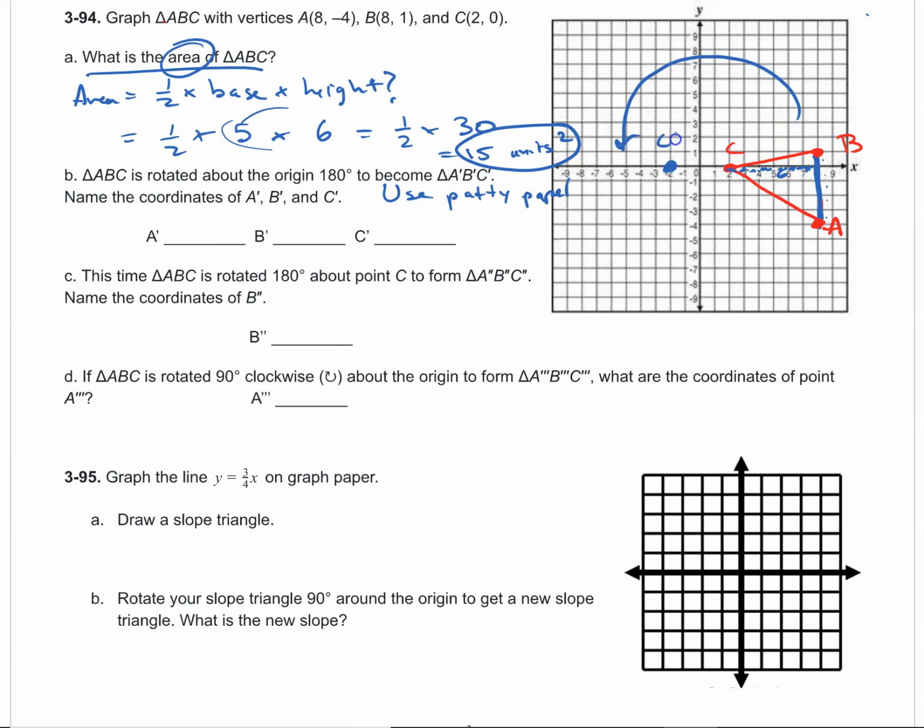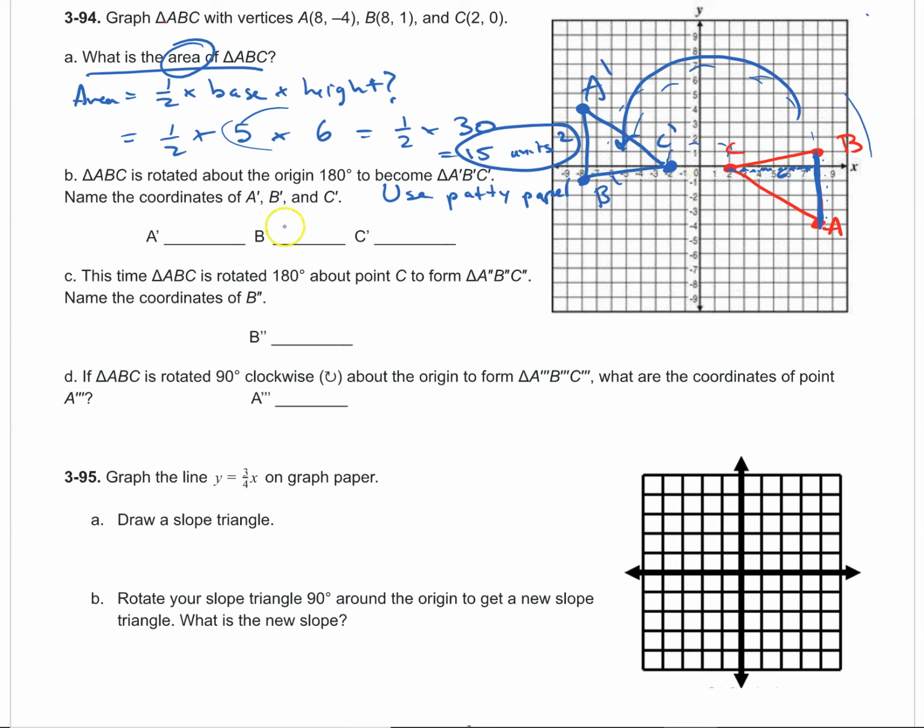So it's hard to show this on a computer, but using patty paper, C would come over to here. B would come all the way over here. And then A would come all the way up here, and that's going to be A prime, B prime, and C prime.